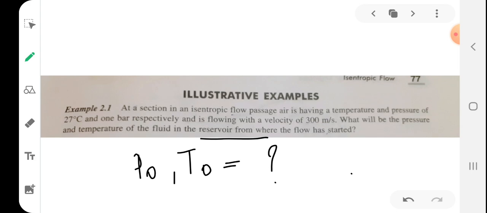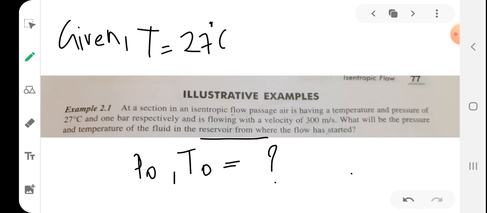So students, what are the given data? Here at a particular section, temperature is 27 degrees Celsius, means how much Kelvin? So almost 300 Kelvin, right? 300 Kelvin.